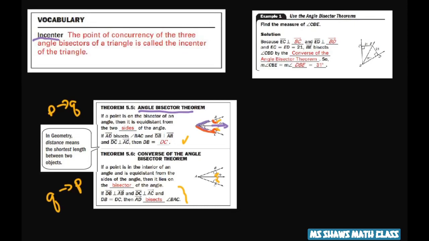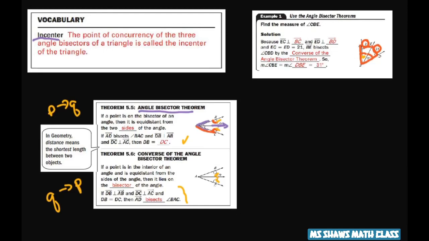So let's find the measure of angle CBE. So we need to find this measure here. Now, because EC is perpendicular to BC and ED is perpendicular to BD, and these two are the same value, by the converse of the angle bisector theorem, these two angles are congruent.